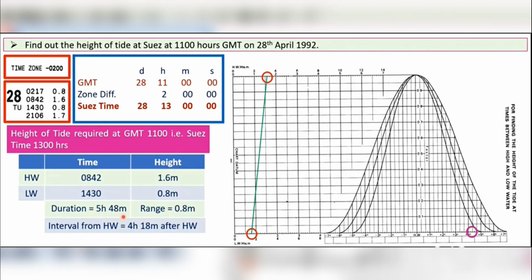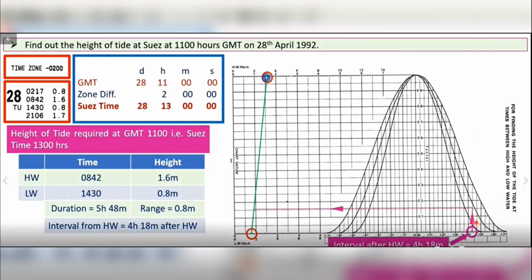So we shall be visually interpolating between the 5 hour and 6 hour curve. This is the interval after high water. So we go vertically up to 5 hours 48 minutes, and from there we go horizontally to hit the interpolation line.